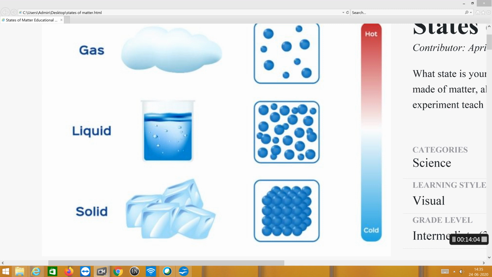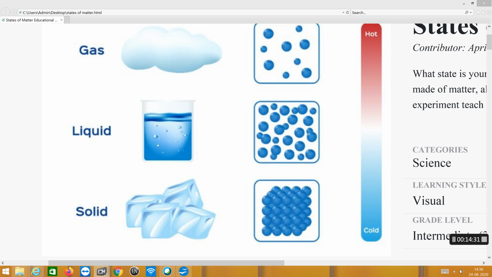So we learned the properties of solids, liquids and gases. In solids, molecules are closely packed. They have definite shape and volume. Liquid molecules are loosely packed. They have definite volume but no definite shape. Gaseous molecules are far apart. They have neither definite shape nor definite volume.